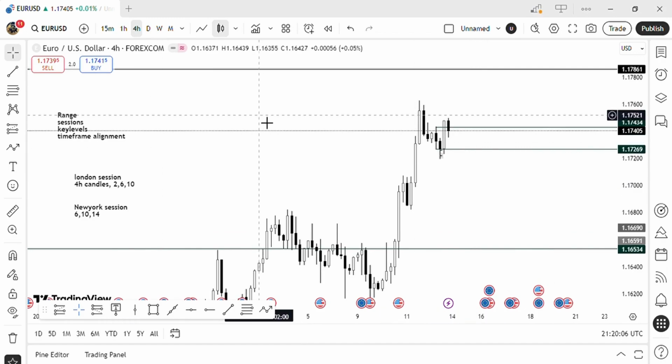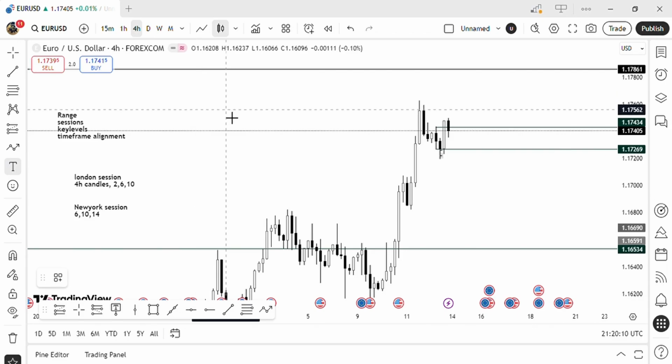Let me also write some things down for your key levels. There are different things you could use as your key levels. Old highs and old lows could serve as your key level. Fair value gaps could serve as your key level. Inverted fair value gaps could serve as your key level.